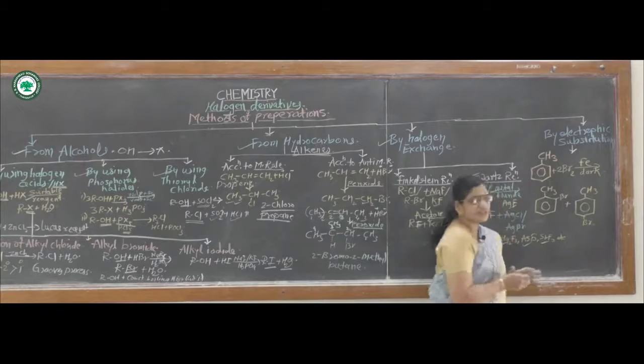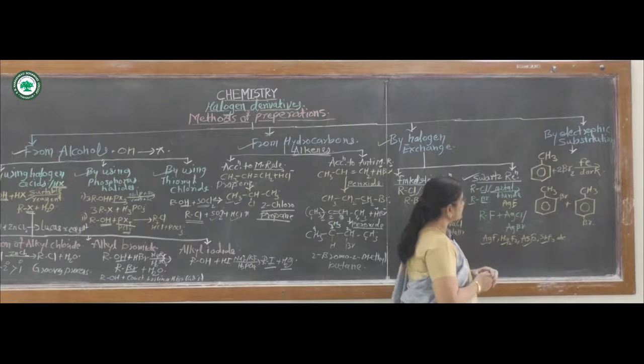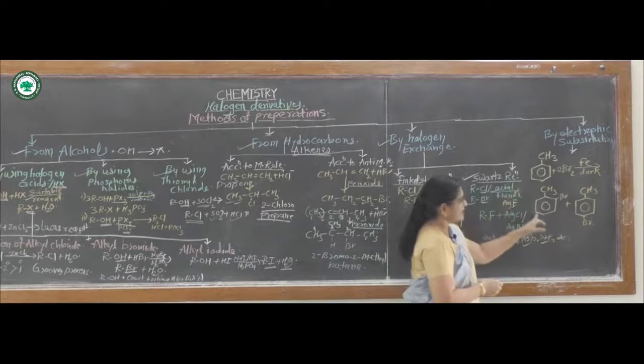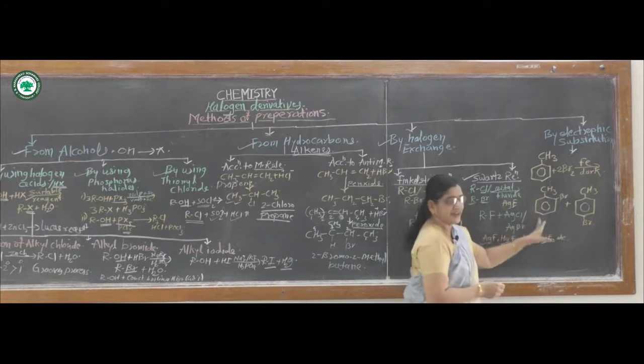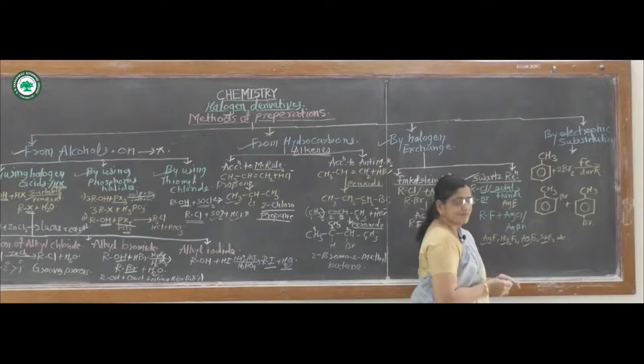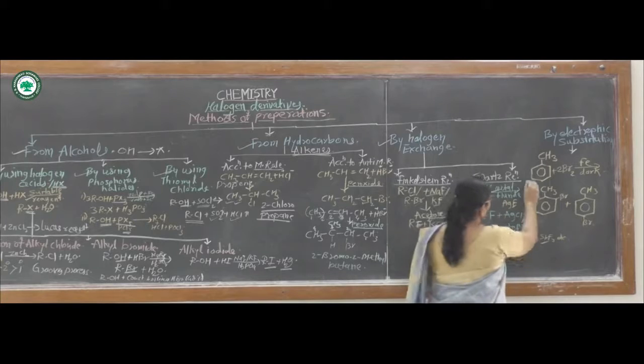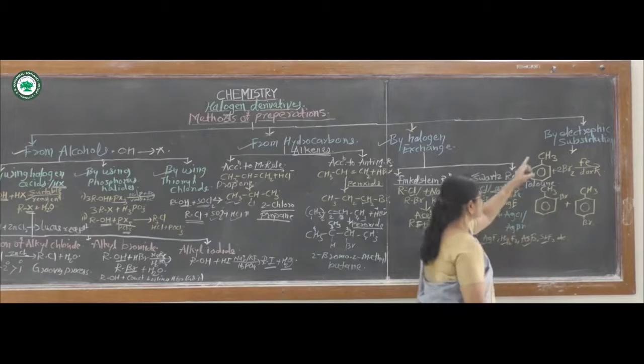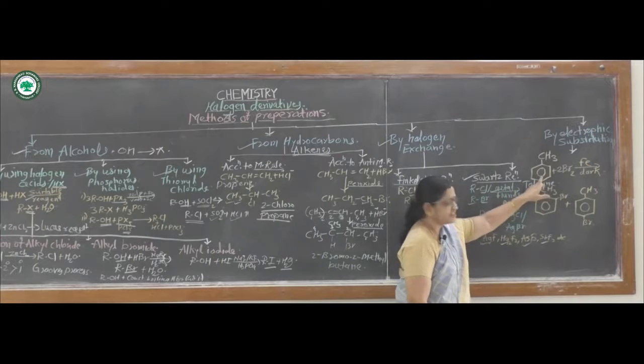Then the fourth method is by electrophilic substitution reaction. This method is for the preparation of haloarenes, that means aromatic halides. For example, the name of this compound is toluene, that means a CH3 group is attached to the benzene nucleus.